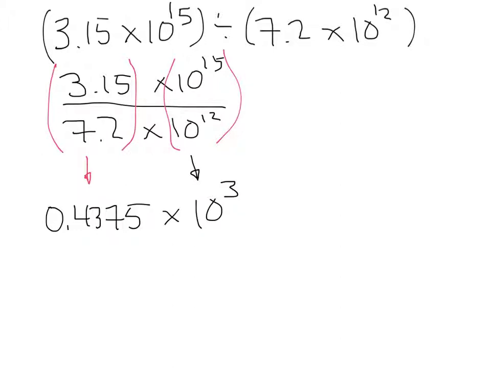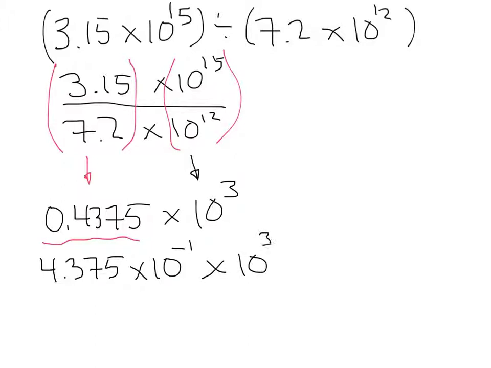Now once again we need to fix this answer, so writing our decimal version here in scientific notation, we're going to rewrite that as 4.375 times 10 to the negative 1, because we're dividing by 10 to get back to our original decimal, and that's all being multiplied by 10 to the third.